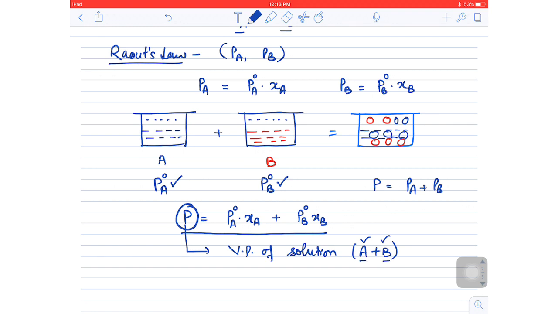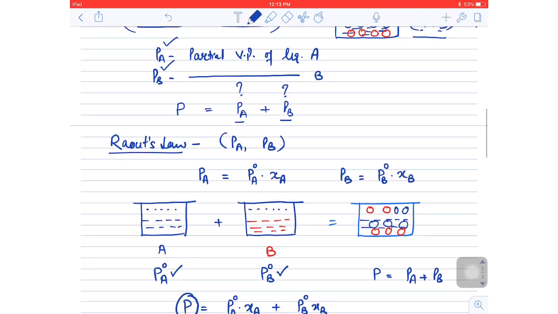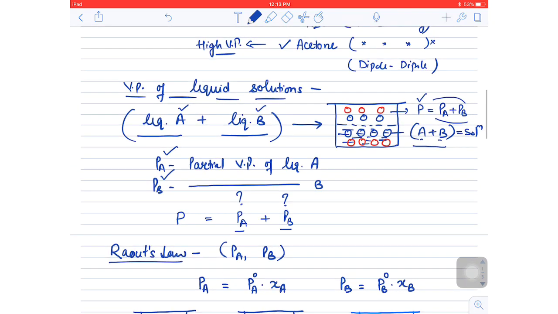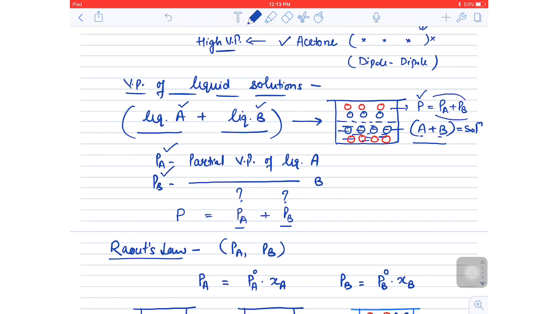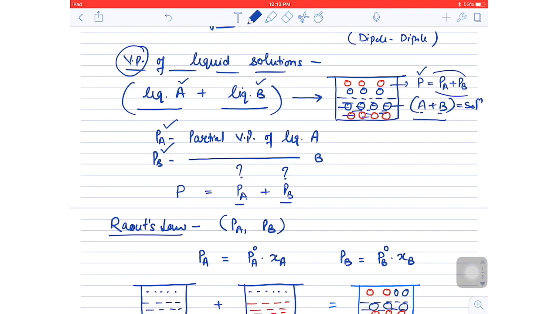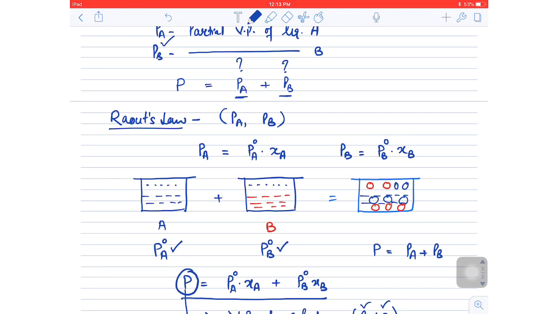So again, let us see what we have done. To calculate the vapor pressure of a liquid solution, suppose we have two liquids A and B. The total pressure will be equal to the sum of PA and PB, which are the partial vapor pressures. These can be calculated using Raoult's law.